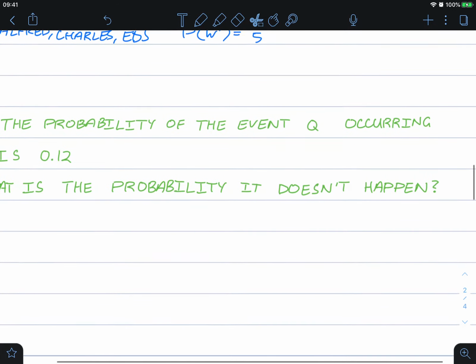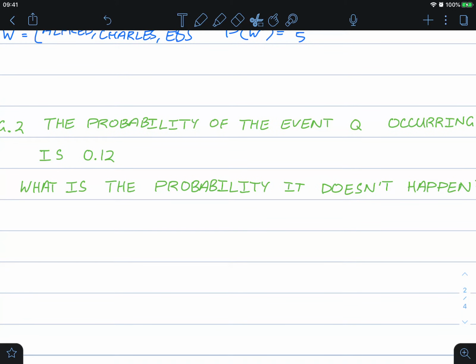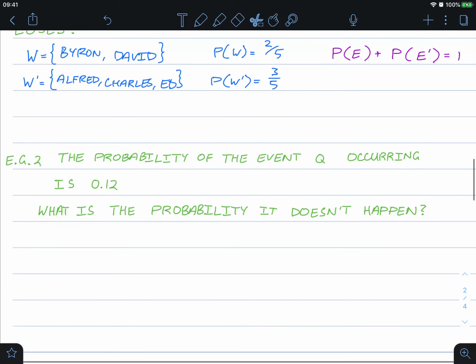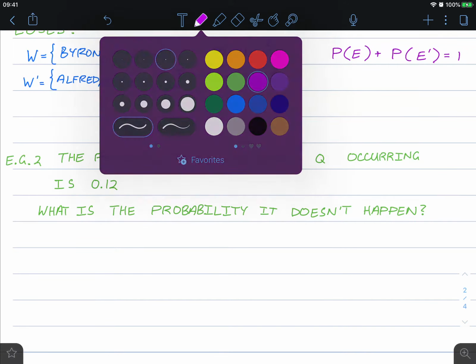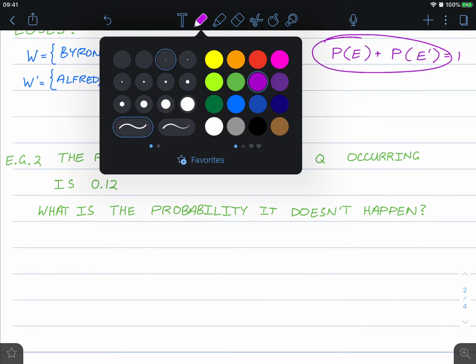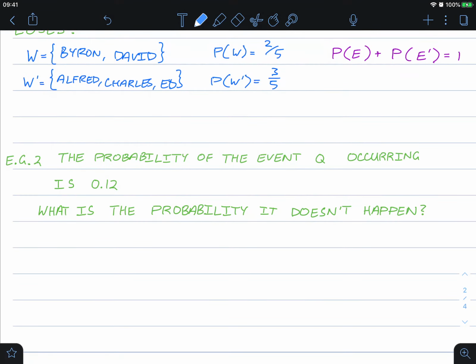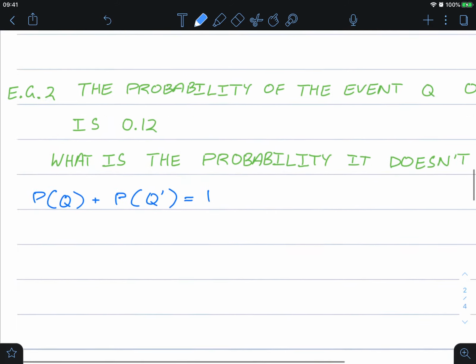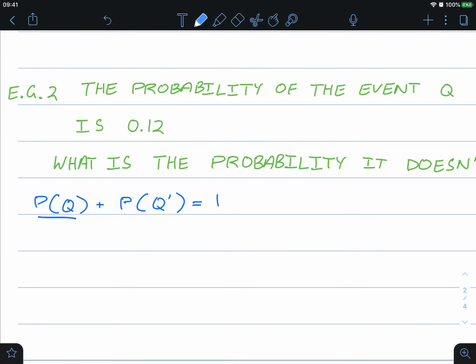Here's another example. The probability of the event Q occurring is 0.12. What's the probability it doesn't happen? Well, as I just pointed out, the probability of Q plus the probability of Q not happening must be 1. We know that the probability of Q is 0.12.